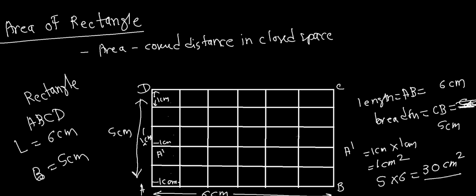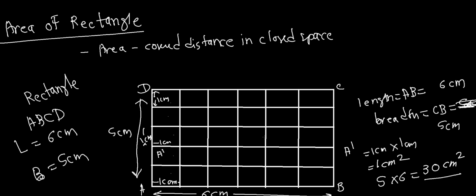So the area covered by squares is represented by the area of the rectangle, or the area of the rectangle is represented by the squares inside it, which is 30 centimeter square.